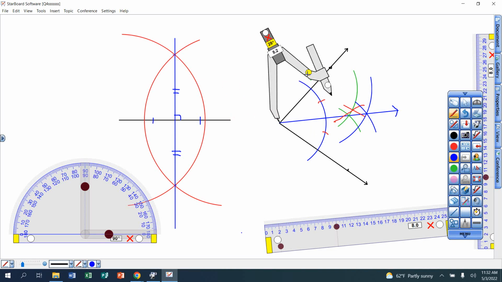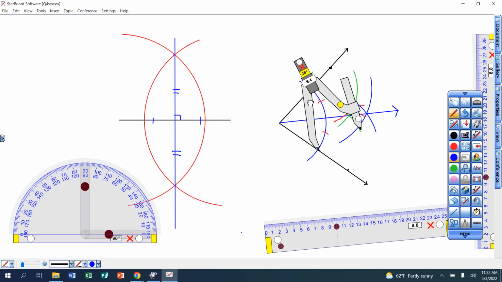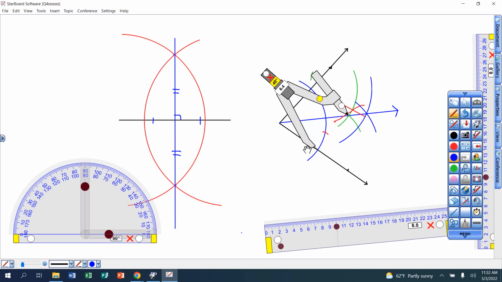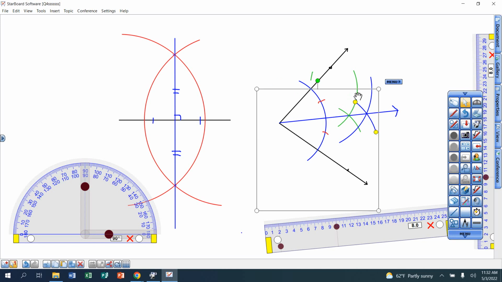All they did was draw their first arc and then right away move it and draw these semicircles. Again, I will see that and mark you down. Don't be that person. Actually pick your compass off the paper and measure that angle before you sweep those last two little arcs over there. So let me get rid of that one in green. That's no good. All right, there we go.